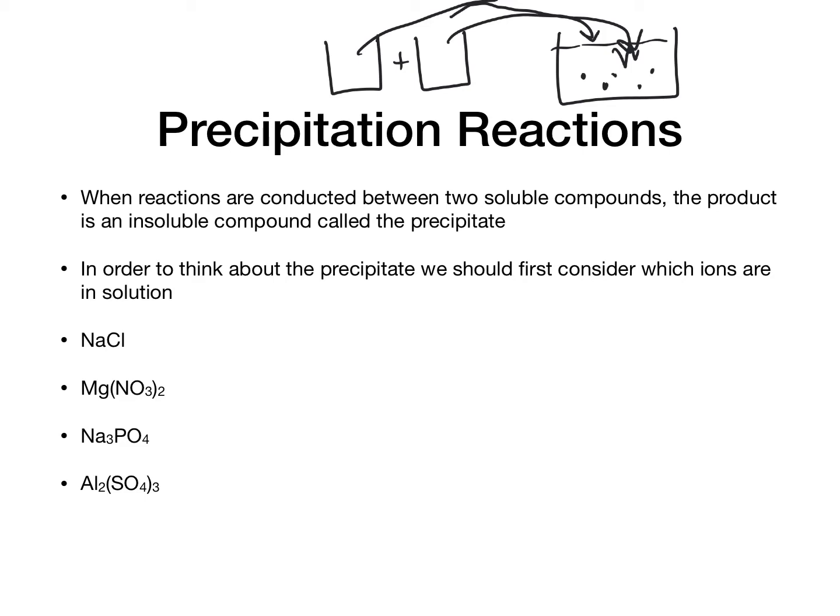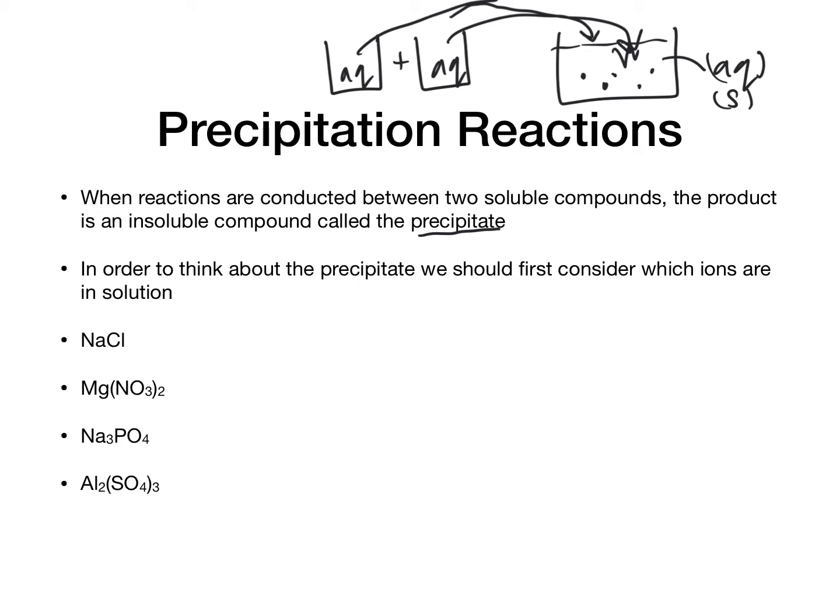This precipitate is going to be an insoluble compound, meaning it is going to be something different than the previous aqueous ion. So this is aqueous, this is aqueous, and then here we're going to have some aqueous and some solid. So our compound is going to change from aqueous into solid.